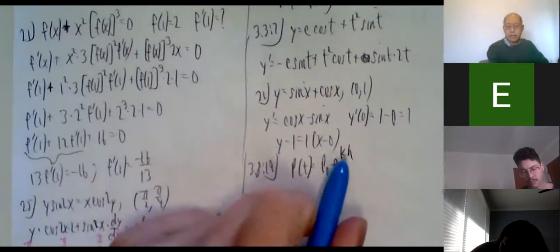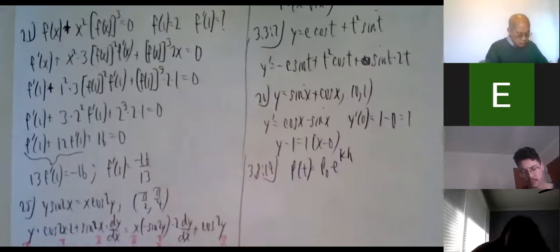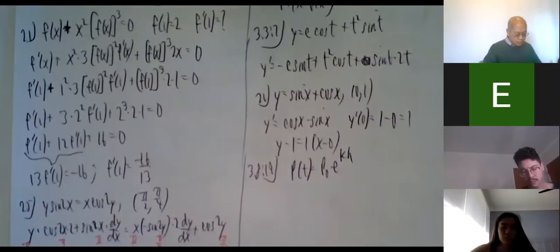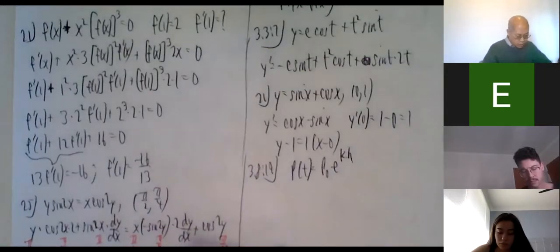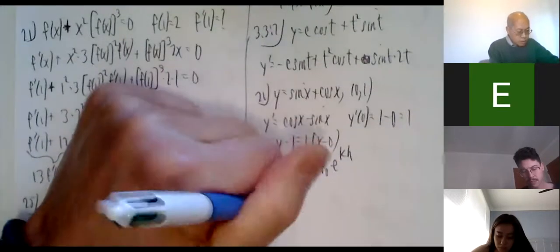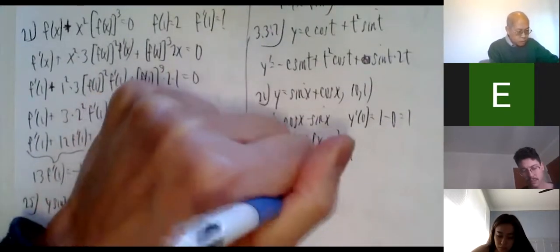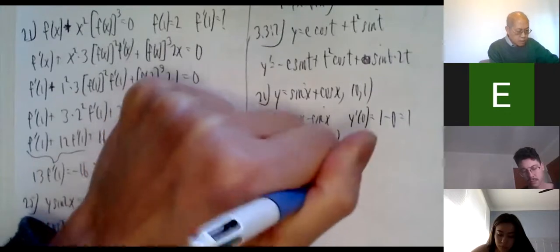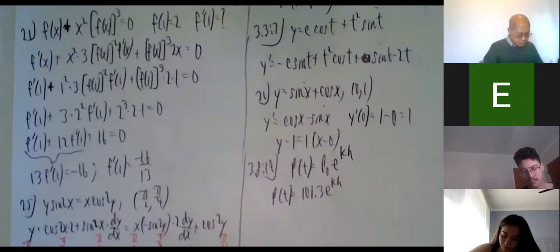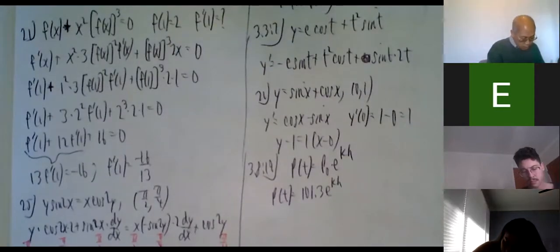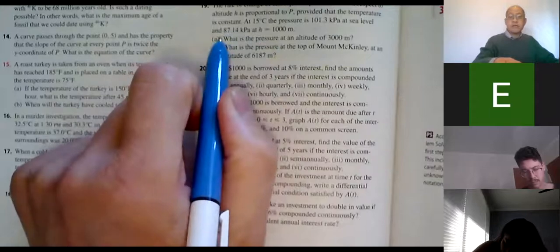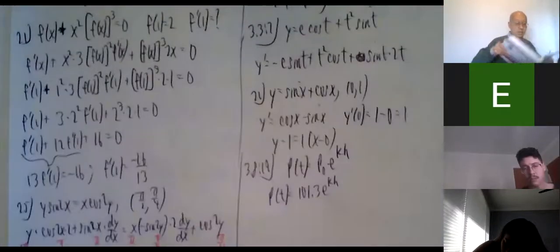P for pressure. This time instead of t, it's h. They tell us the starting pressure at sea level is 101.3. So P of t is 101.3 e to the kh. And when h is 1,000, the pressure is 87.14 kilopascals.